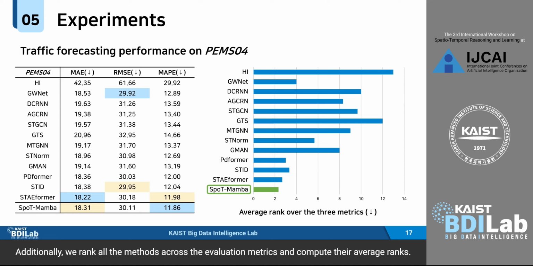Additionally, we rank all the methods across the evaluation metrics and compute their average ranks. We can see that SpoT-Mamba consistently shows promising results across all metrics, recording the best overall average rank among all methods. This suggests that Mamba's selective recurrent scan effectively models spatio-temporal dependencies in STGs.